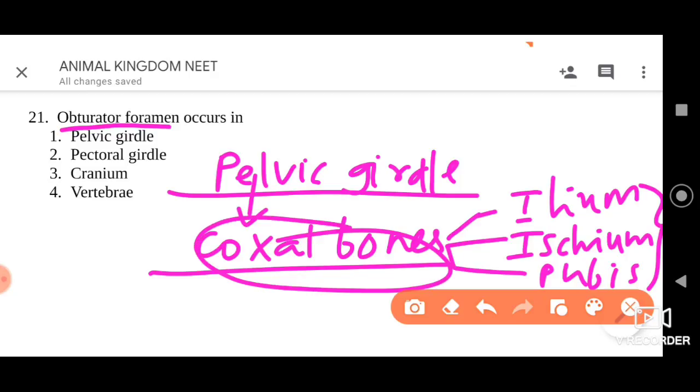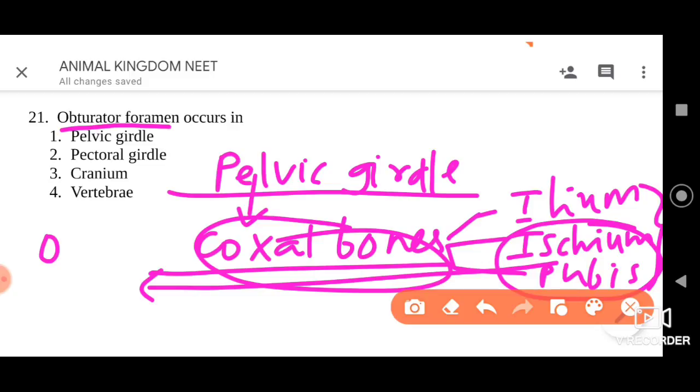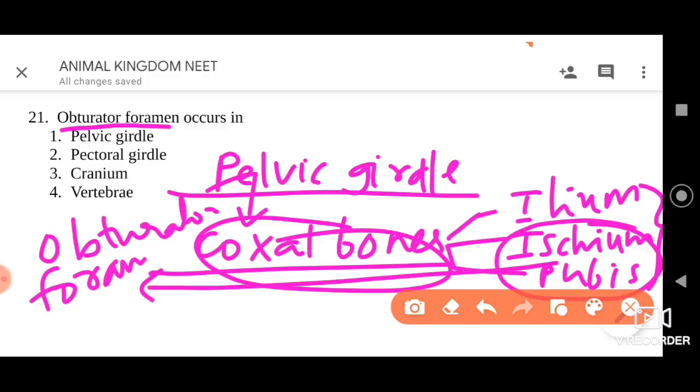Now dear students, let me tell you that in between the ischium and pubis we can find the obturator foramen. So what is the role of this obturator foramen?